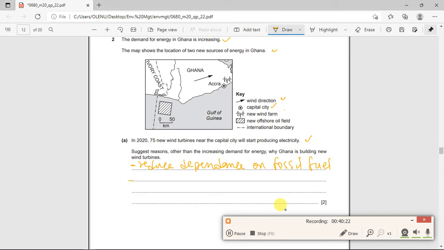Another thing is wind is available. Another thing is wind is a renewable resource. Another thing is wind does not release greenhouse gases.